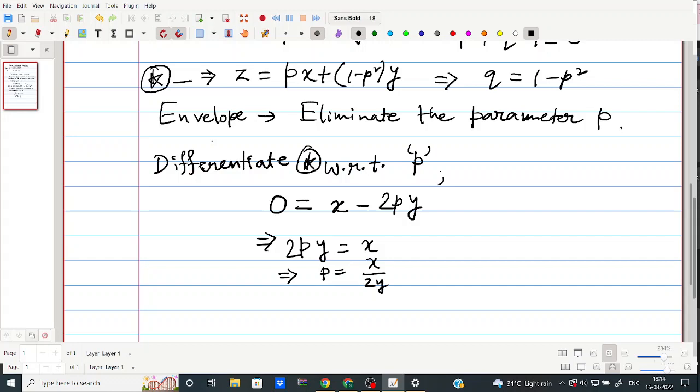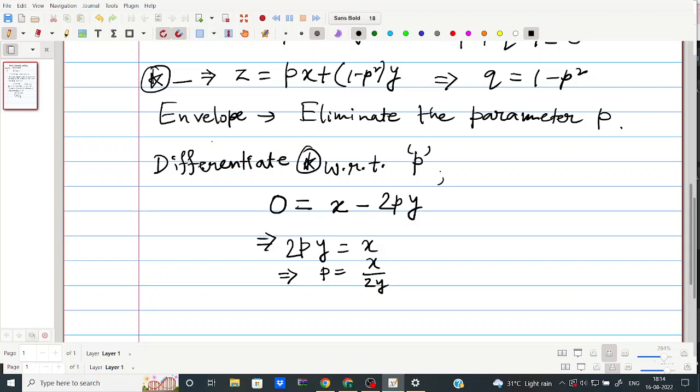Envelope means you have to eliminate the parameter p from equation star, and you get one surface involving x, y and z only. This is the equation of the envelope.